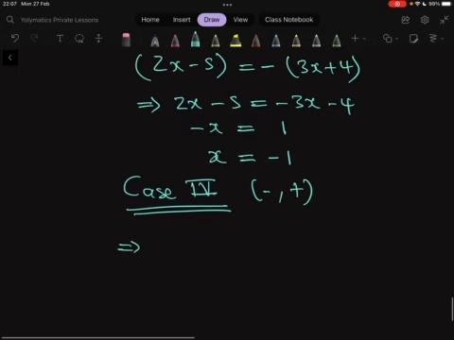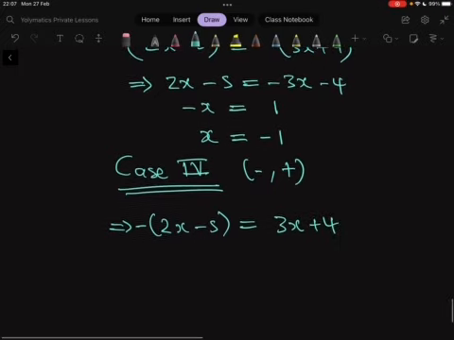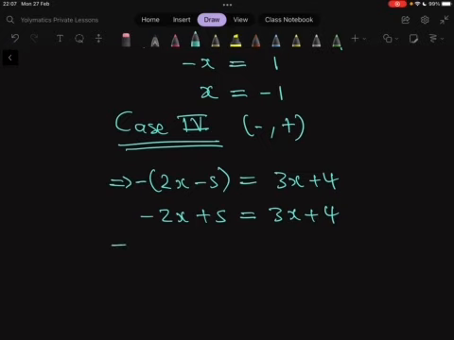So I'll get -(2x - 5) = 3x + 4, since the right hand side is positive and I can safely remove the absolute function. So we get -2x + 5 = 3x + 4. Taking terms across, I get -5x = -1. So we see now that x is equal to 1/5.